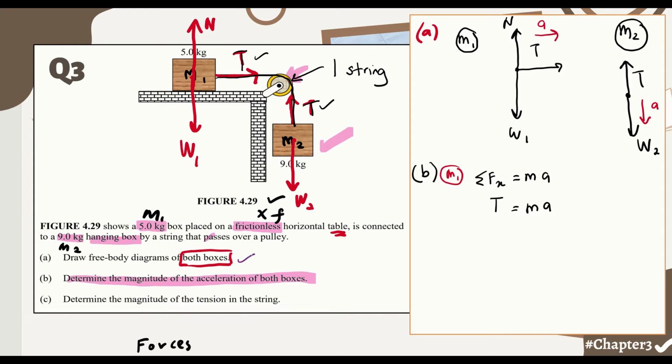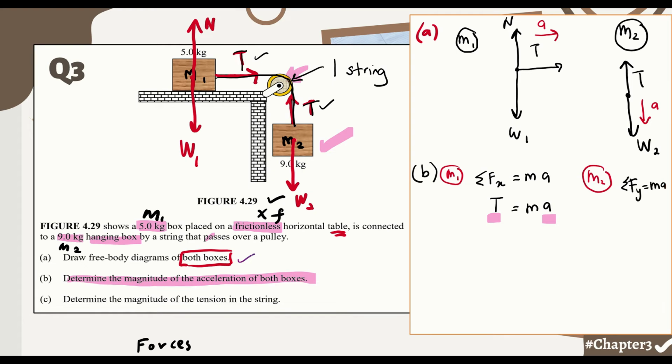So this is equation number 1. We have T as unknown and a is also unknown, so we have two unknown parameters and we cannot solve this question. Then we need to use the information from block number 2. From block number 2, we deduce the equation. Summation of Fy is equal to M2a.